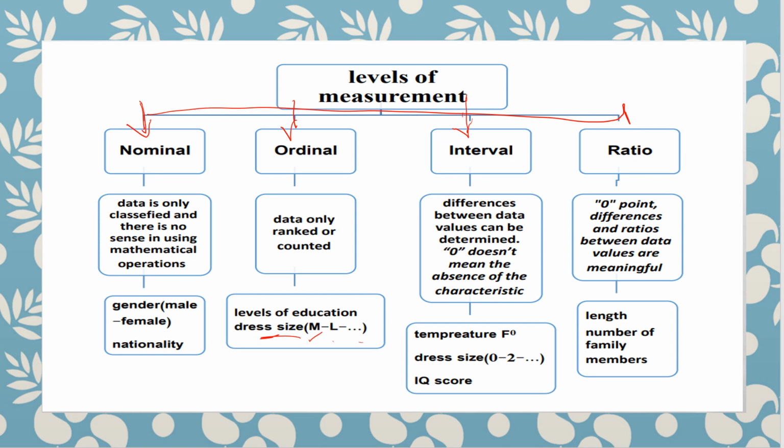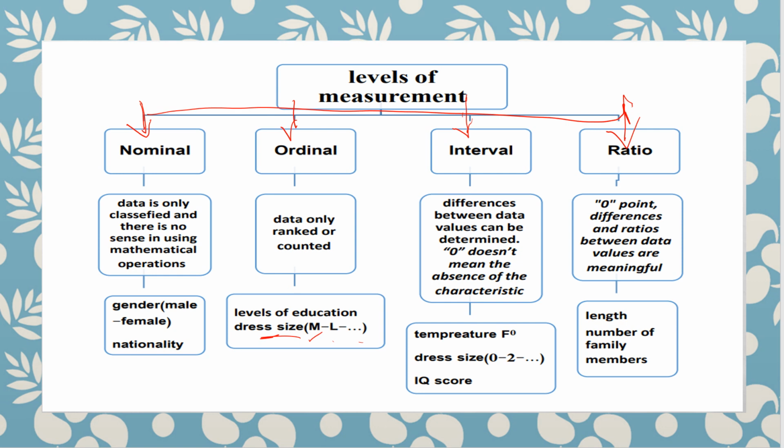The fourth and highest level of measurement is the ratio level. At this level, the 0 point means the absence of the characteristic, such as income, the number of family members, profit, consumption. 0 means there is no income, there are no members, there is no profit, and so on.